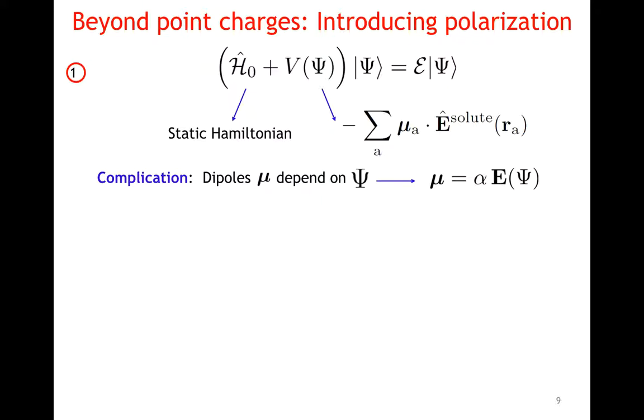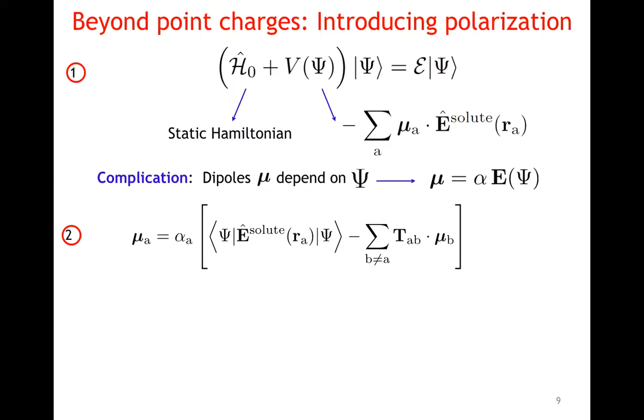Because the dipoles mu depend on the wave function, because we write the induced dipoles in linear approximation as a proportion between the atomic polarizability and the total electric field generated in the system.